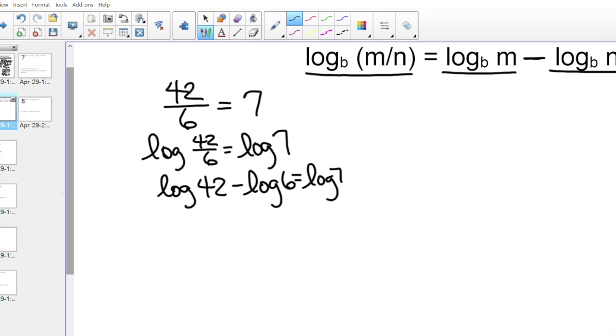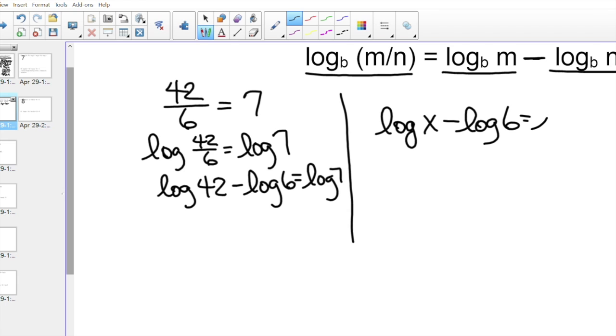Now, what I'm trying to do here is to generate an equation for us so we can use something we see here with these numbers to use when you're using letters. So say, what if we don't know the 42? So we put x minus the log of 6 equals to the log of 7. Now, how would you solve this problem for x?